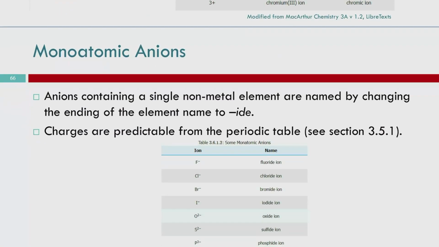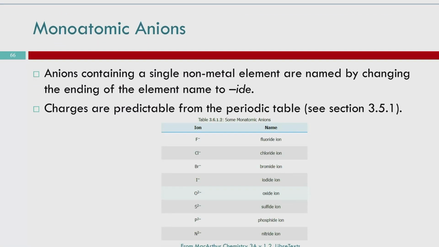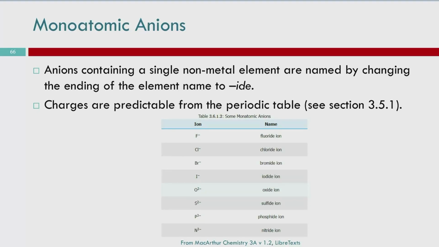Okay, so that was all of our cations, positively charged things. Those are what show up first in our formula. Now monoatomic ions, negatively charged ions. If it's monoatomic, mono meaning one atom ions, so it's just one type of element, then we change the ending of the name to -ide and also add ion at the end.